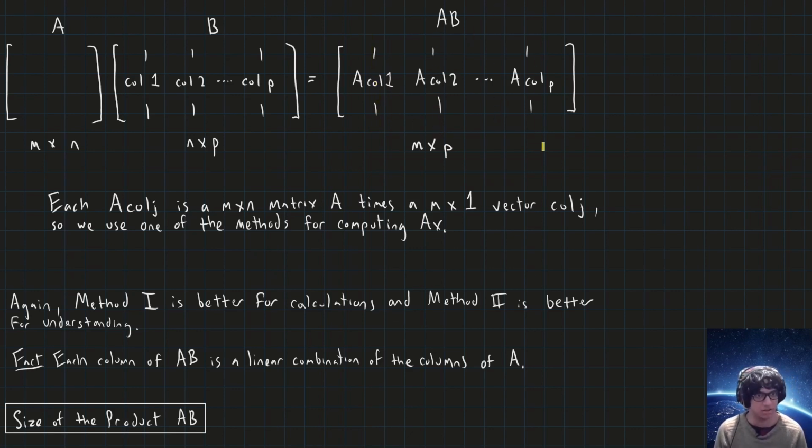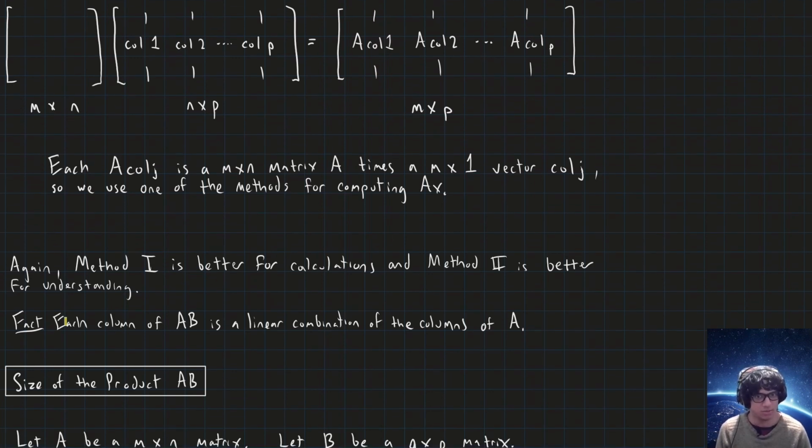That's a good insight, and we've recorded that here: each column of AB is a linear combination of the columns of A, by the fact from the previous part.